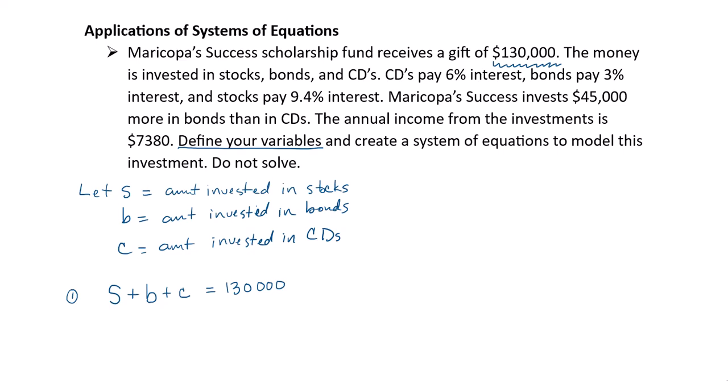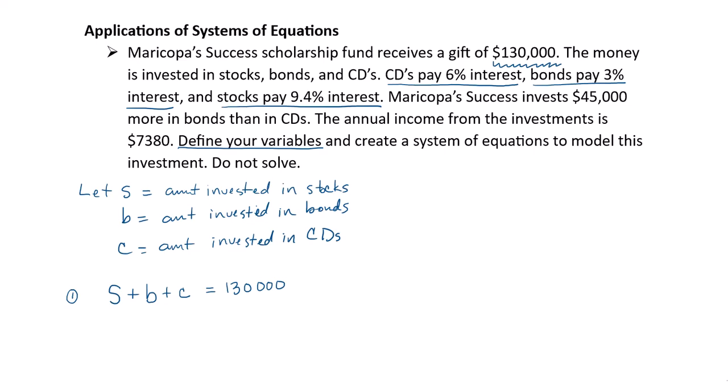Now we go on to the next bit of information. CDs pay 6% interest, bonds pay 3% interest, and stocks pay 9.4% interest. So the way that you can figure interest is to multiply that percent, converted to decimal form, by the amount invested.